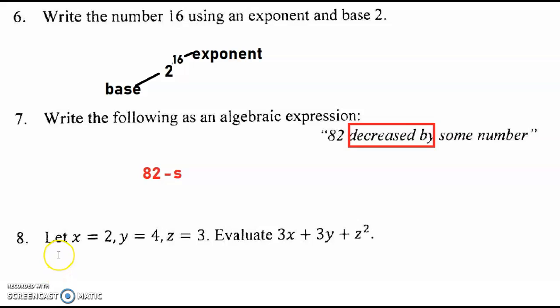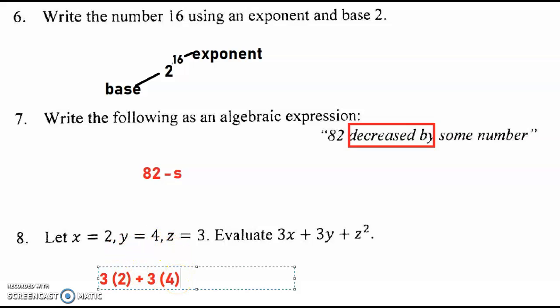All right, number 8 says let X equal 2, Y equals 4, Z equals 3. And you're going to evaluate this expression. So if I were to rewrite it, it's going to be 3 times whatever my X is, which is up here, it tells me X equals 2. And then I put plus 3 times Y, which is 4.